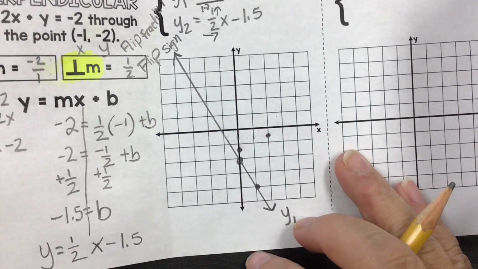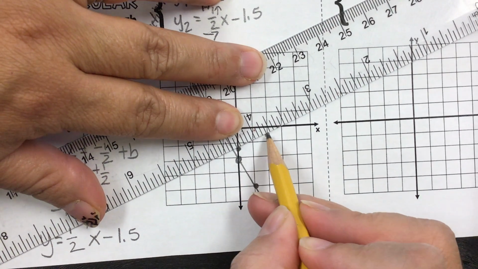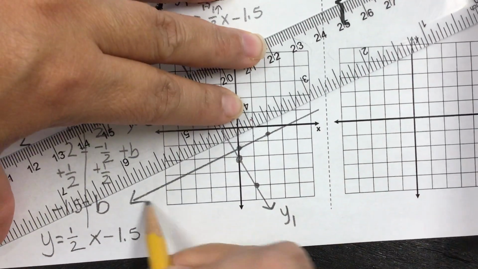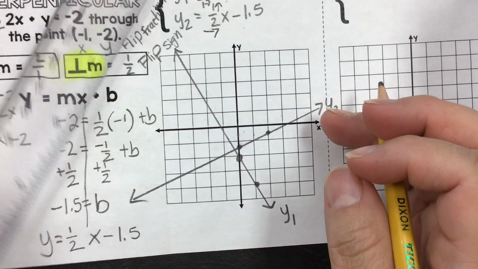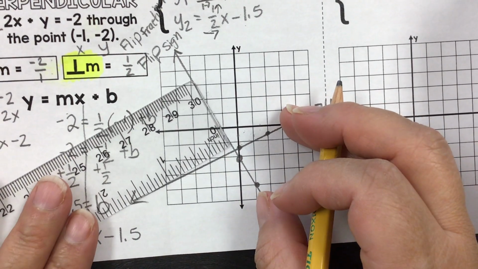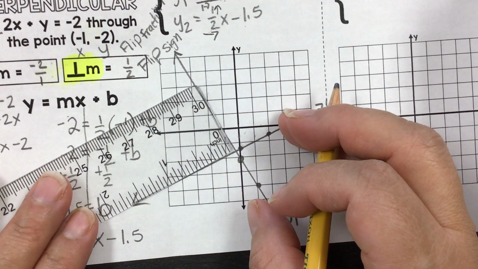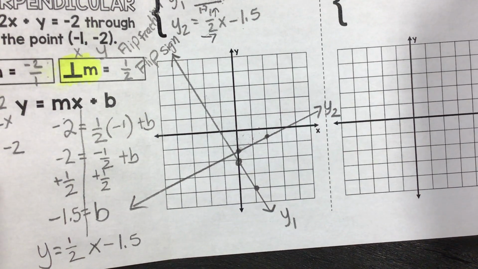We haven't had to do that very much in this class, but it's good to know. Okay, and then we're going to draw our line. And this is Y2. I'm going to put my ruler at the intersection again so you can tell that we made it at 90 degrees. So I'm a little bit off. All right.